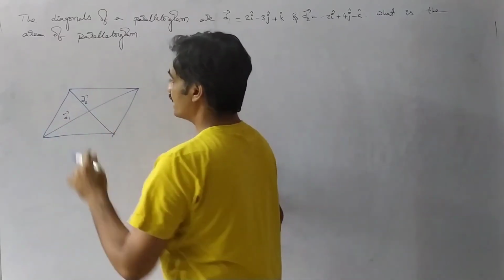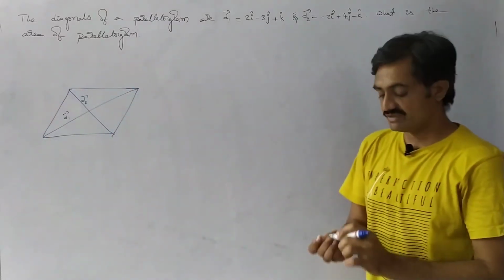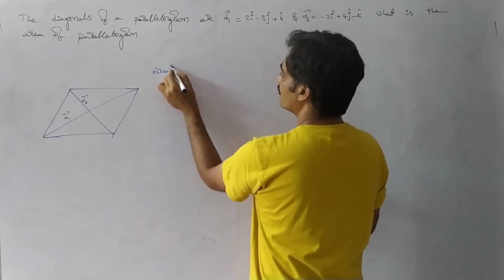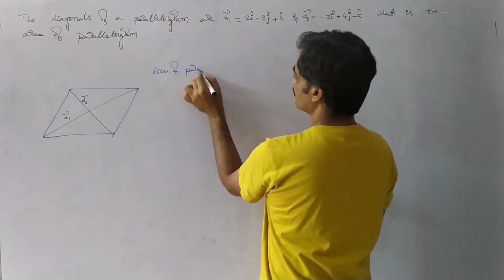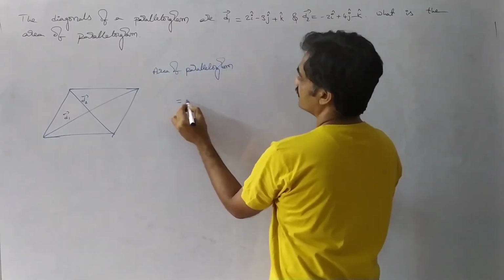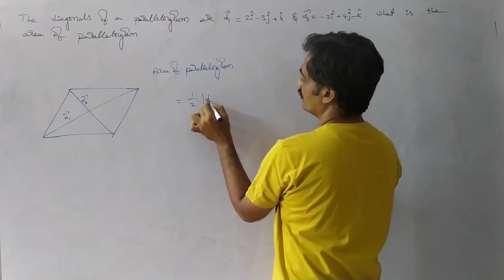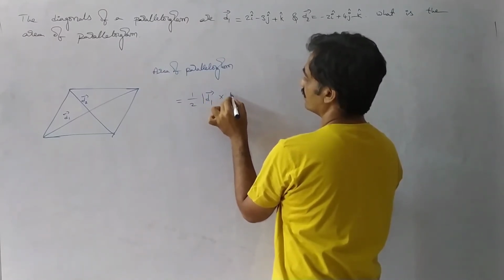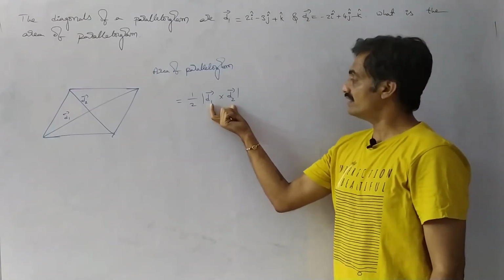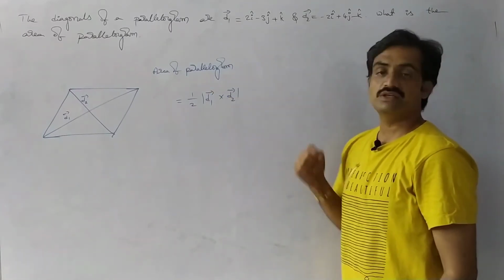Now based on these diagonals, we have to represent the area of the parallelogram. The area of the parallelogram in terms of diagonals is 1/2 into mod of d1 bar cross d2 bar. So first of all we have to find the value of d1 bar cross d2 bar.